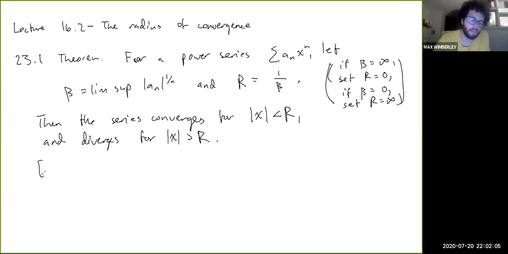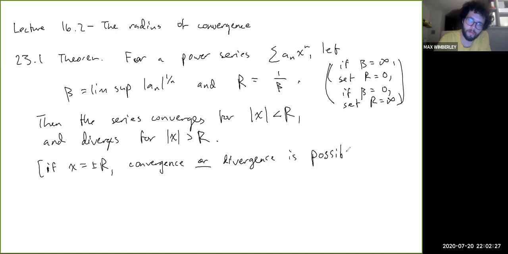And what they don't state explicitly in the book, but which is true, is that if x equals plus or minus r, convergence or divergence is possible. Okay?